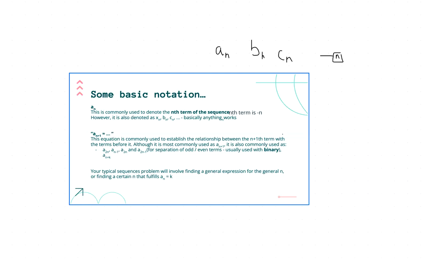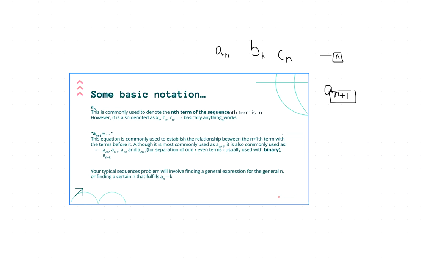Something we also see a lot when indexing in a sequence is a_(n+1). This is used to describe the (n+1)th term in a sequence, as opposed to just a_n, the nth term. When we write this out, we're often trying to establish a relationship between the (n+1)th term and the terms before it, right?